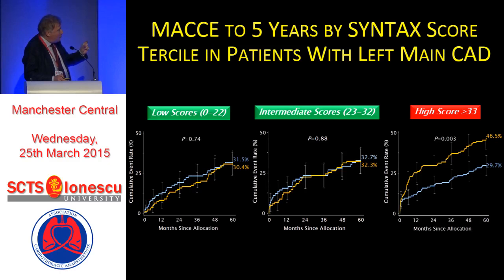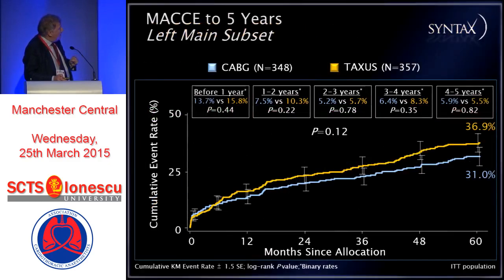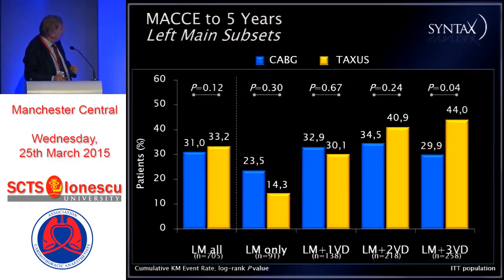PCI, as for patients with 3-vessel disease and a high score, which is logical, because to reach a high score, you need multi-vessel disease, actually. Now, interestingly, if you divide that into the different aspects of left main disease, you can see here this is not statistically different when you look at all patients with left main.